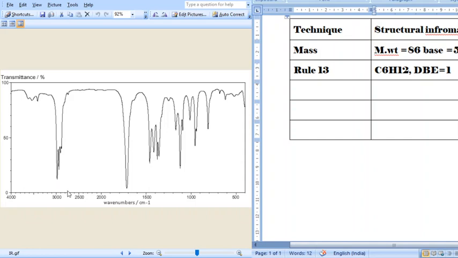It is not aldehyde CH, because aldehyde CH will appear at 2700. So what we infer from this peak is that it is the CH stretching frequency of a saturated carbon. That's what we infer from this peak.